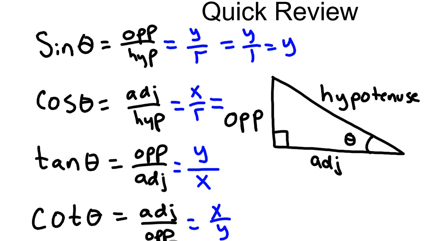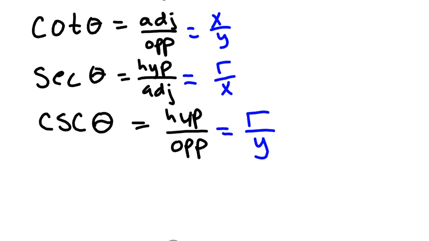So sine theta, sine of an angle, is now just y, your y coordinate, on a unit circle. Cosine is x, because r is 1. Tangent wouldn't change. Cotangent wouldn't change. Secant becomes 1 over x. Cosecant becomes 1 over y.